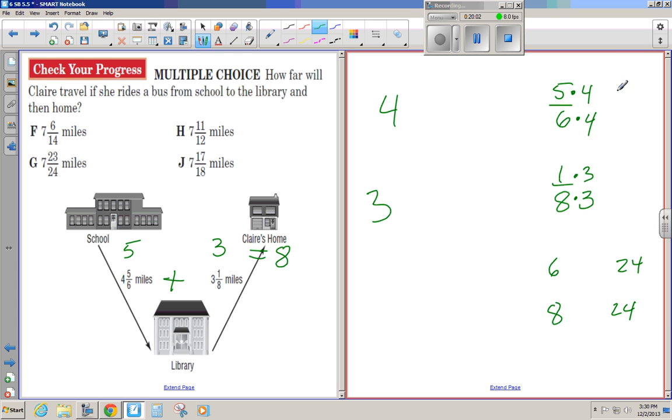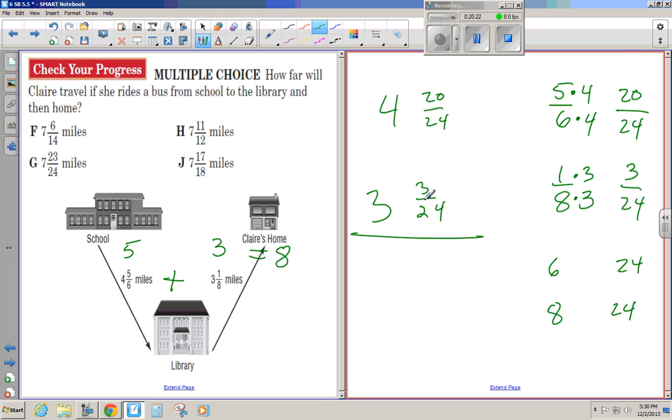Do that multiplication and work it out. So we've got 4 and 20/24, and 3 and 3/24, and add them together.